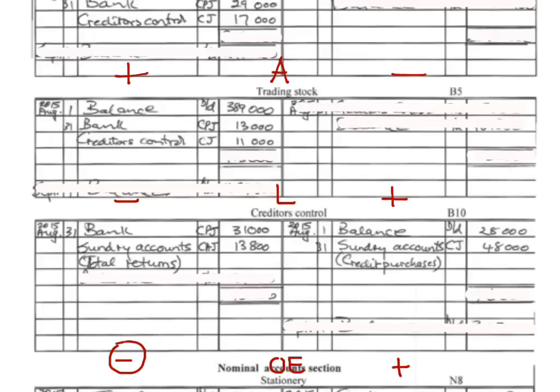I don't have that stock anymore. It was given back to the supplier or to the creditor. So therefore it makes sense that I'm decreasing my account on the credit side. August 31st, going into Creditors Control, coming from the CAJ, is a total amount of 3,200. I use Creditors Control here because that is where my debit is lying.